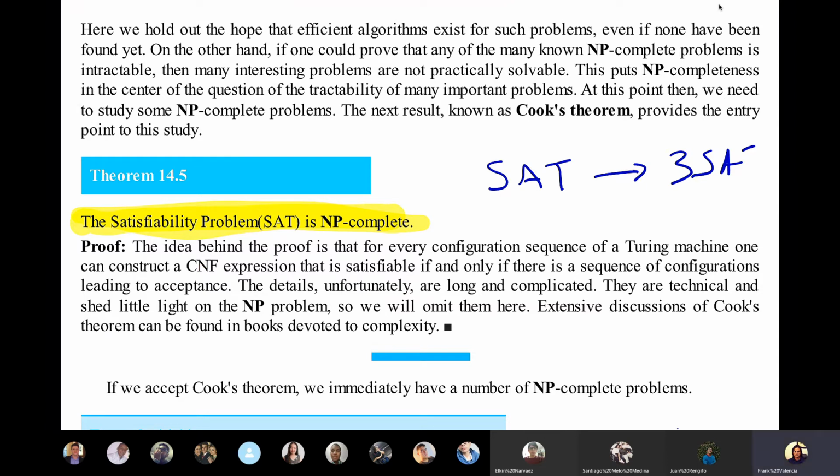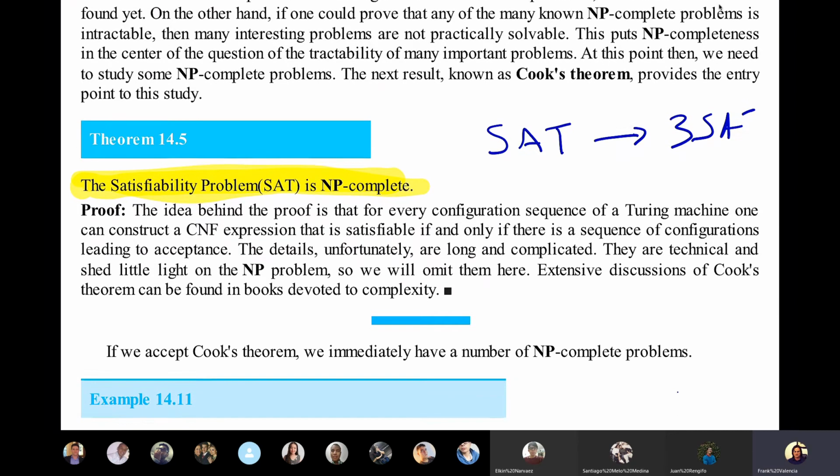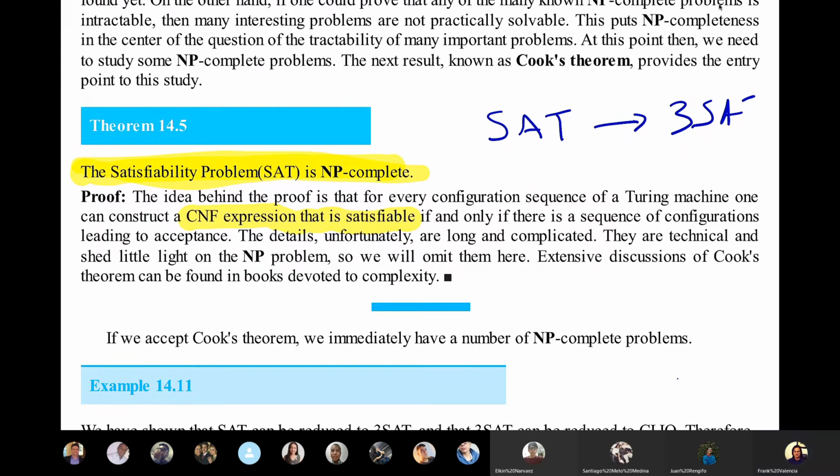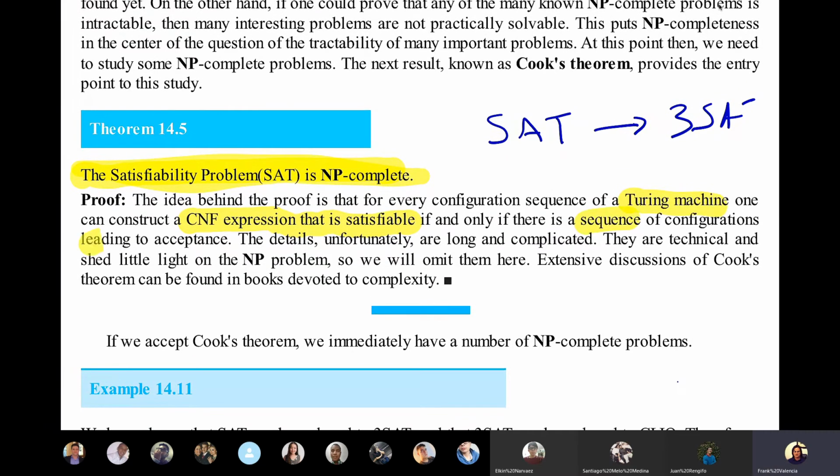take a Turing machine that finds assignments to this formula, and the idea is that you can come up with a formula that can be satisfied if and only if that Turing machine goes into acceptance.